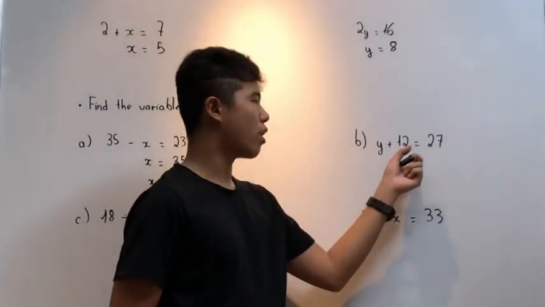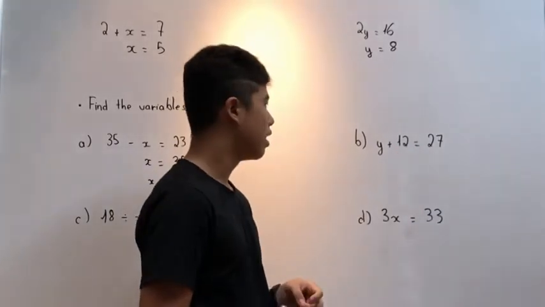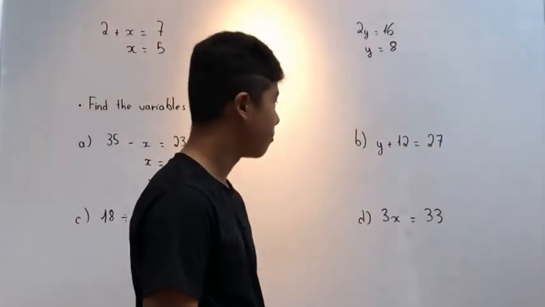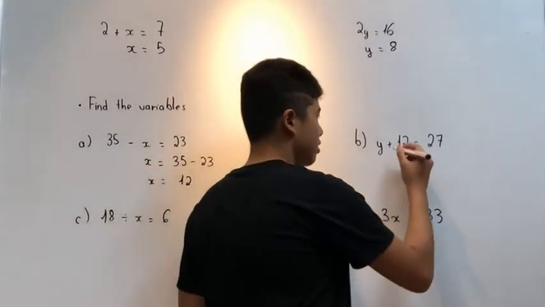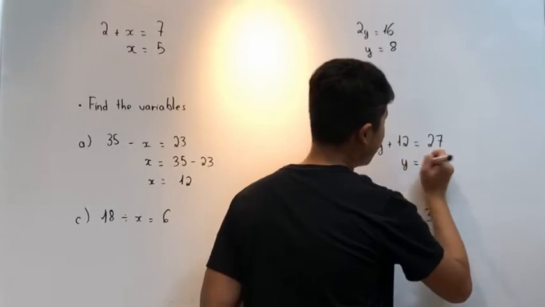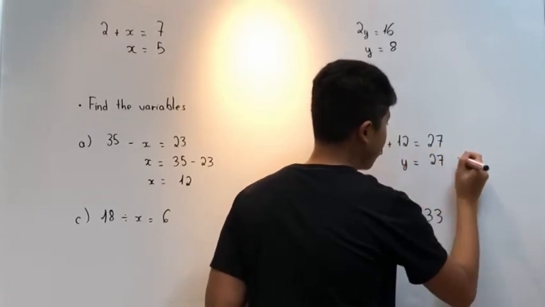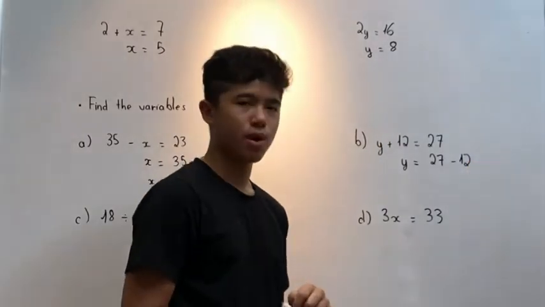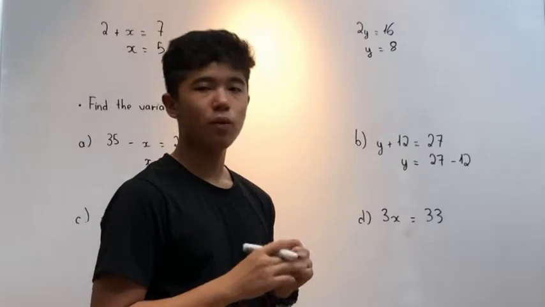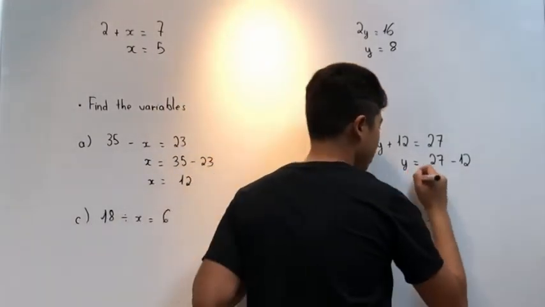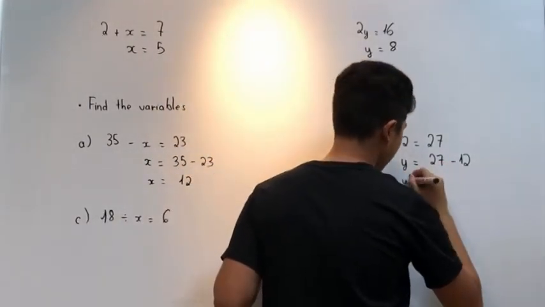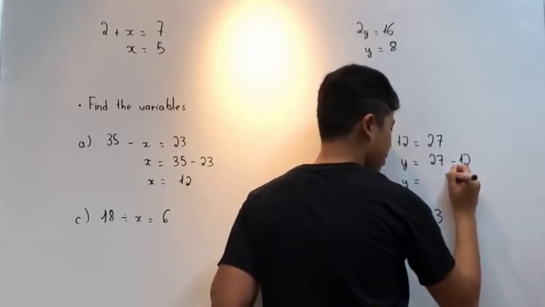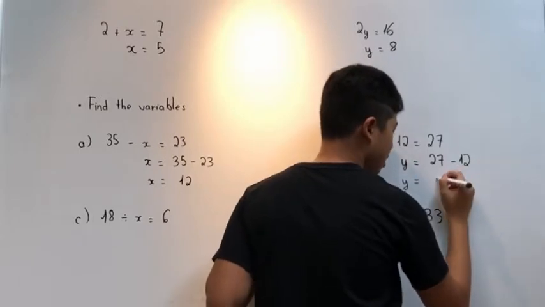y plus 12 equals 27. So what number plus 12 will get 27? To solve it in the easiest way, you will take 27 minus 12 to get y. 27 minus 12: 7 minus 2 is 5, 2 minus 1 is 1.